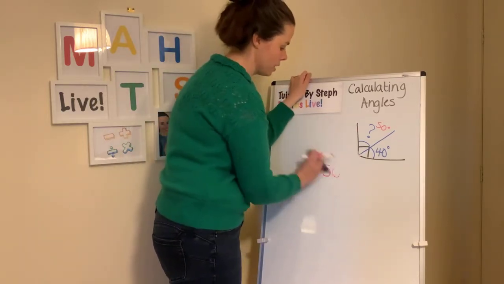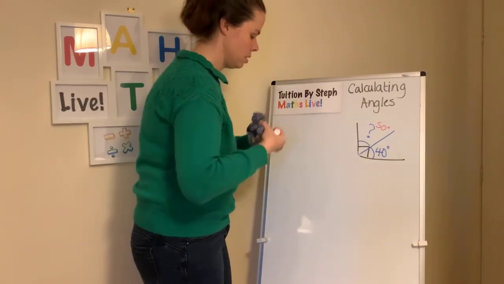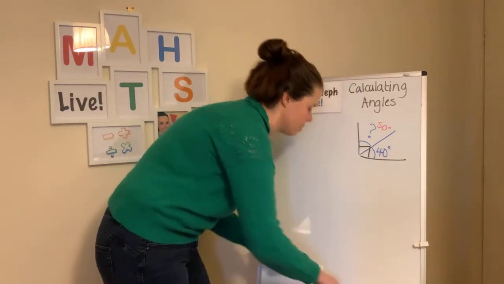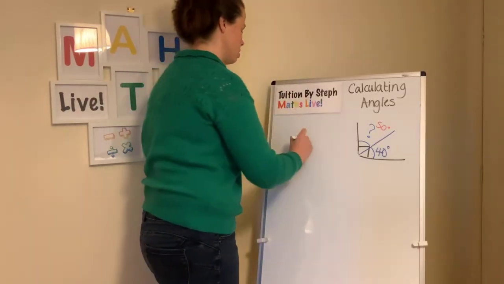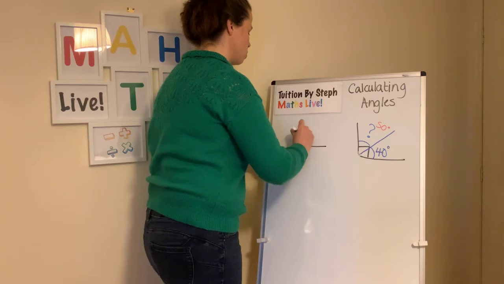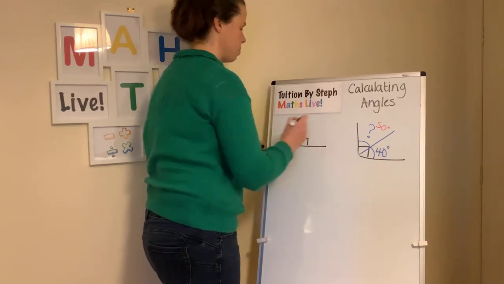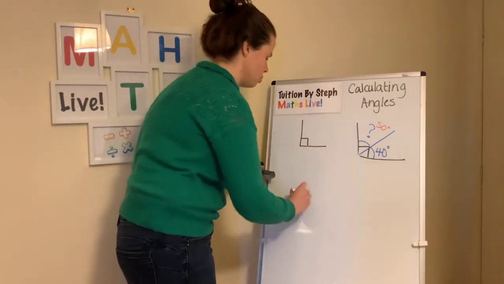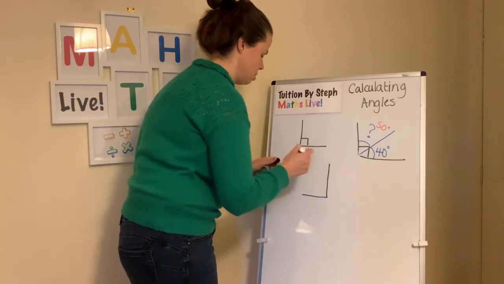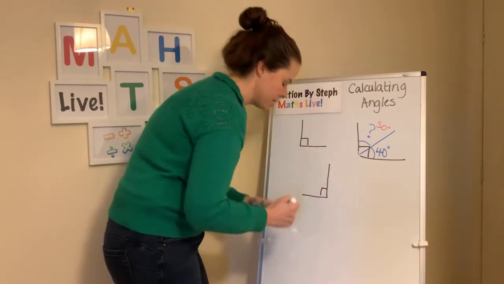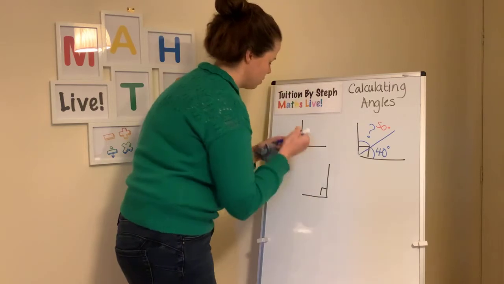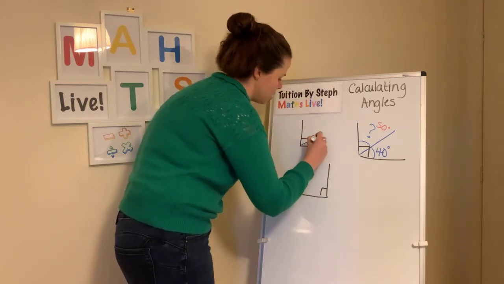Okay. Another example. Stick with right angles to start. Remember, a right angle doesn't need to be any particular way. I can do it the opposite way around. I'm going to do a few actually. My next one, I'm going to split it a little bit thinner this time.